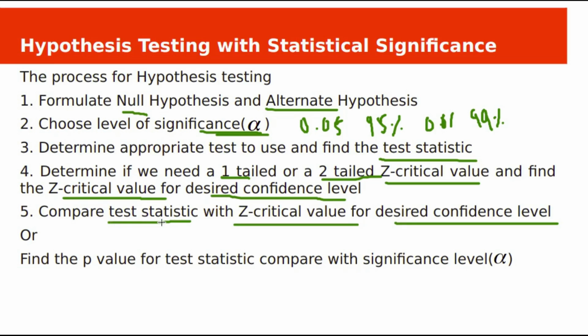If this test statistic falls within the critical region, means outside of Z critical value, then we will reject the null hypothesis. We can perform this fifth step by using p-values also. Find the p-value for test statistic, compare it with the specified significance level alpha. If p-value less than alpha, then we will reject null hypothesis.